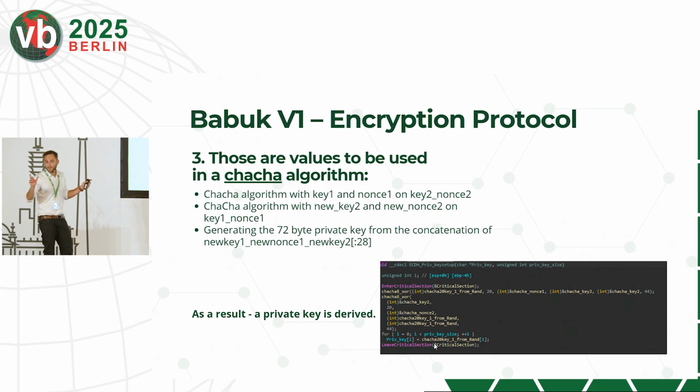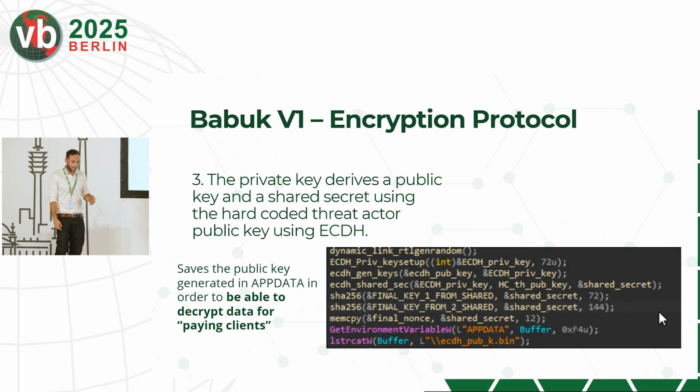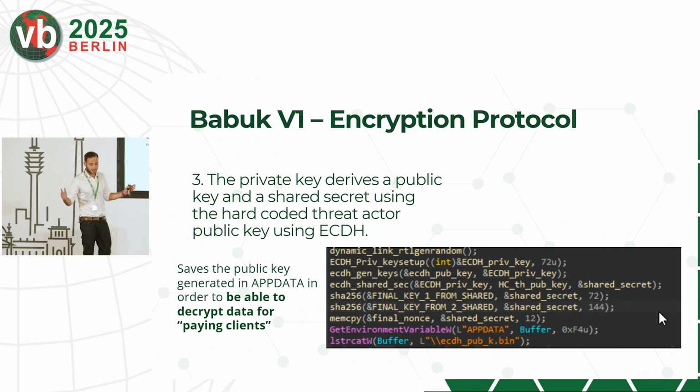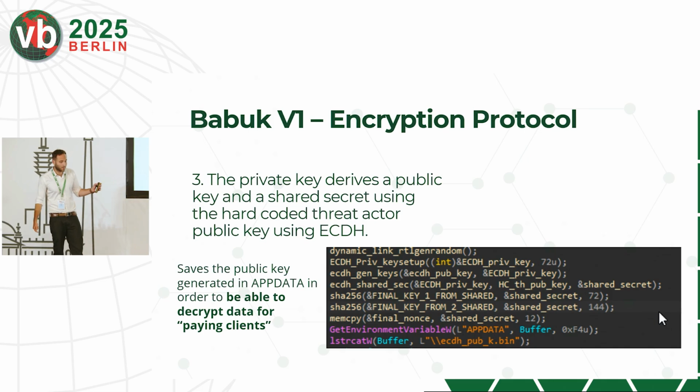From that, it takes the first 72 bytes, meaning the new key 1, the new nonce 1, and 28 bytes out of the new key 2. It concatenates them, and those 72 bytes are the private key. It then uses ECDH to generate a public key, which is 144 bytes, twice the size of the private key.